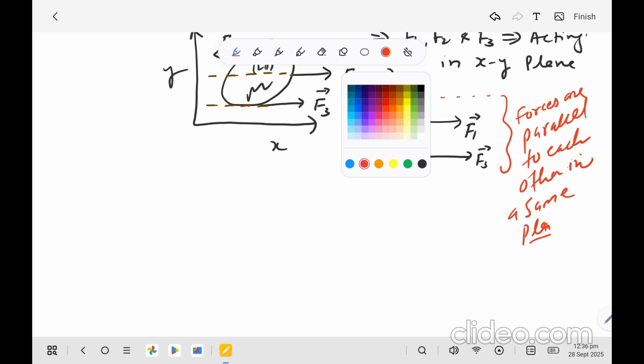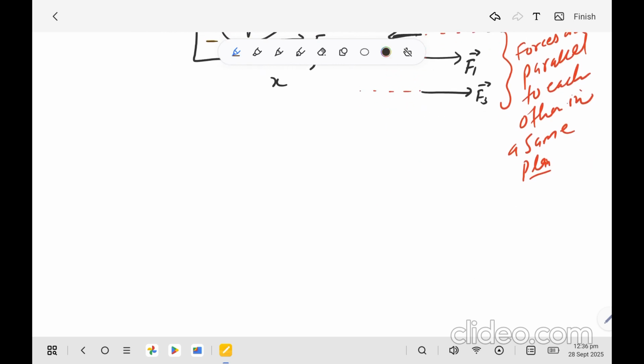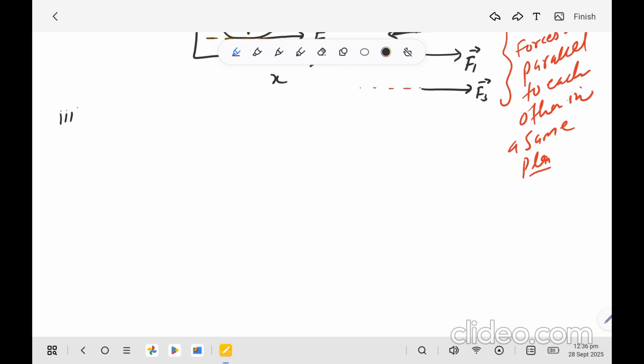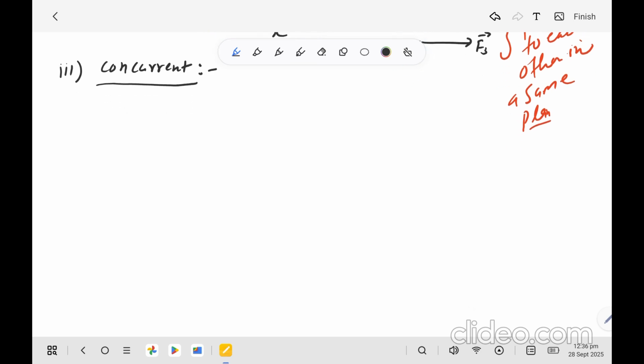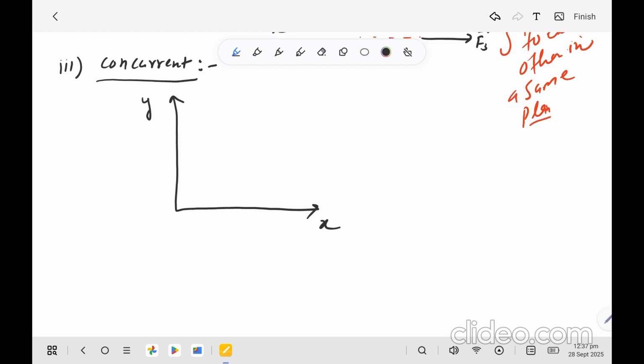Now let's discuss the third one, concurrent coplanar system of the forces. So to understand what concurrent forces are, again I consider the motion of the object in the xy plane, and this is the object. The forces are acting in the xy plane on this object.